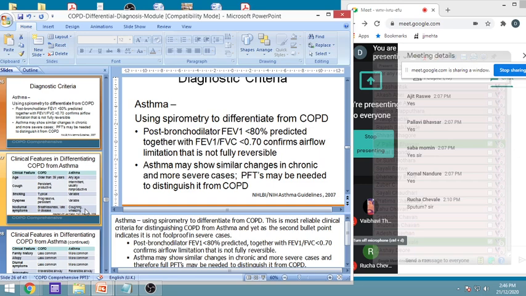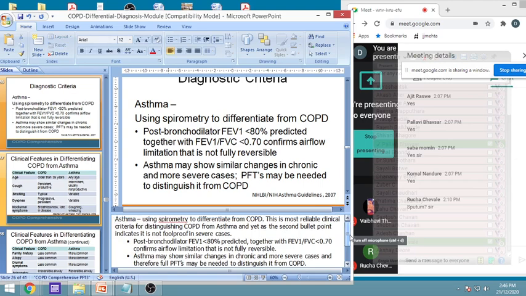Pulmonary function tests may be needed to distinguish it from COPD, so go for various pulmonary function tests and then distinguish from COPD. We will make this differentiation with asthma by giving bronchodilator treatment during spirometry, and there is a reduction to 80% of predicted together with FEV1 by FVC of 0.70.